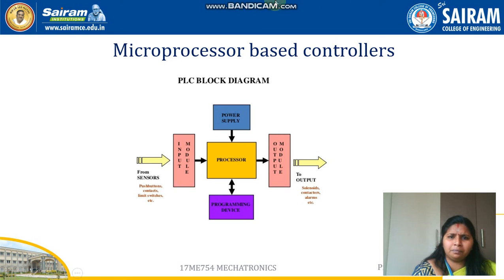So the power supply is given, there is a processor along with a programming device, and there is an output module. Once the process is completed, the signal is given to the output, and at the output there will be contacts, alarms, etc. This is about microprocessor based controllers.